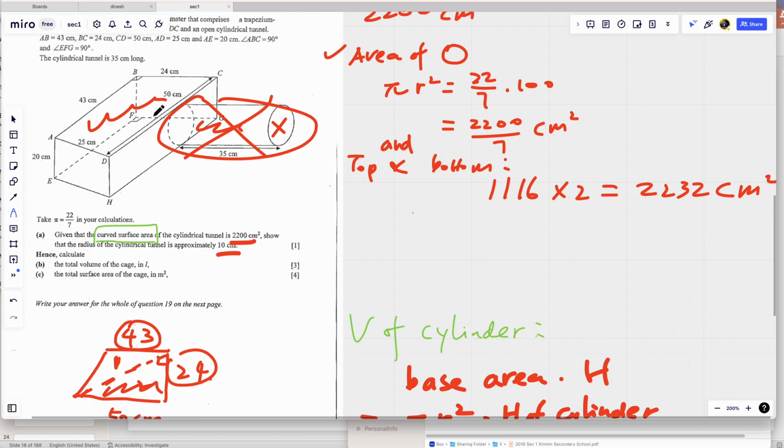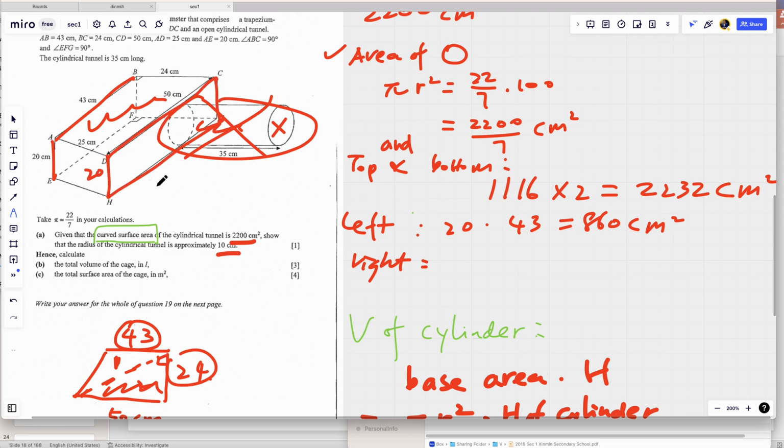So now top and bottom covered already. So what you do is the left and the right. Okay, the left hand side is the 20 and the 43, right? So it's 20 times 43. So this is 860. The right hand side you need to minus off.